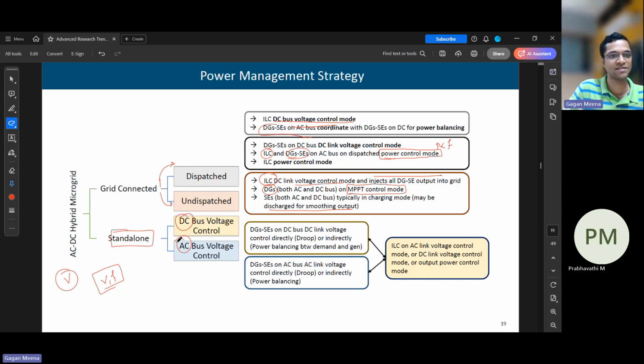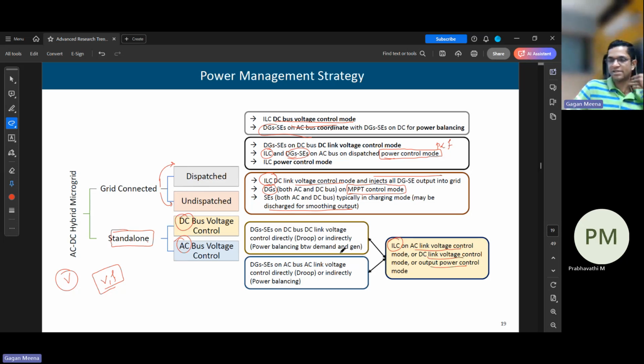The DGs need to take care of that, because there is no external grid here, no reference also. So one of the DGs will have to provide a reference voltage also. That's why, depending upon the mode of operation, the interlinking converter can work in either AC link voltage control, DC link voltage control mode, or output power control mode.